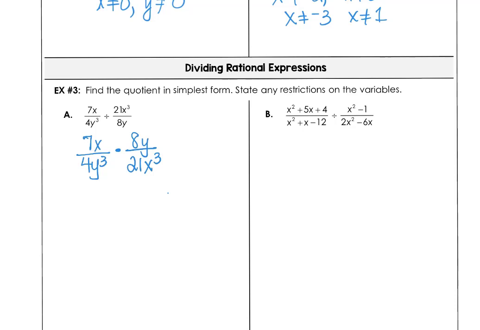So if we want to take out common factors, you can rewrite it just for easy to see: 7 times 8 times x times y, and then 4 times 7 times 3 times x cubed times y cubed.